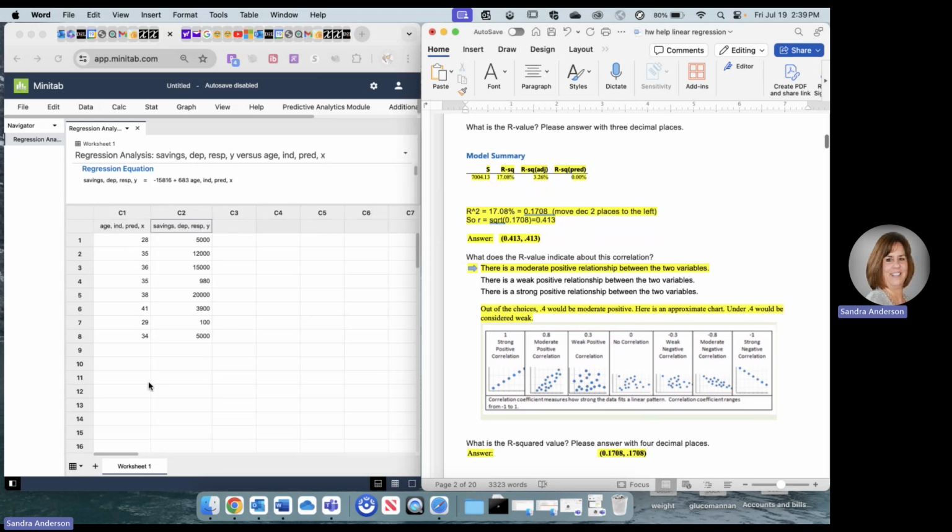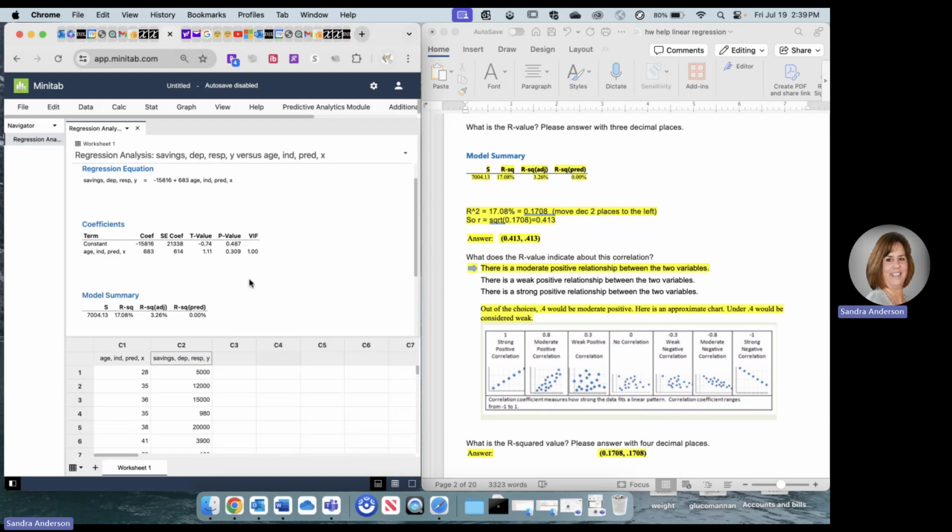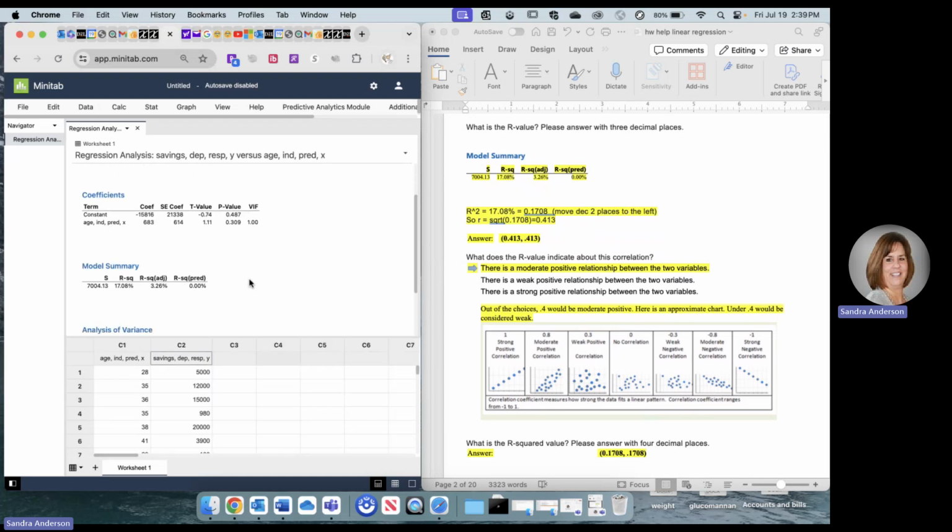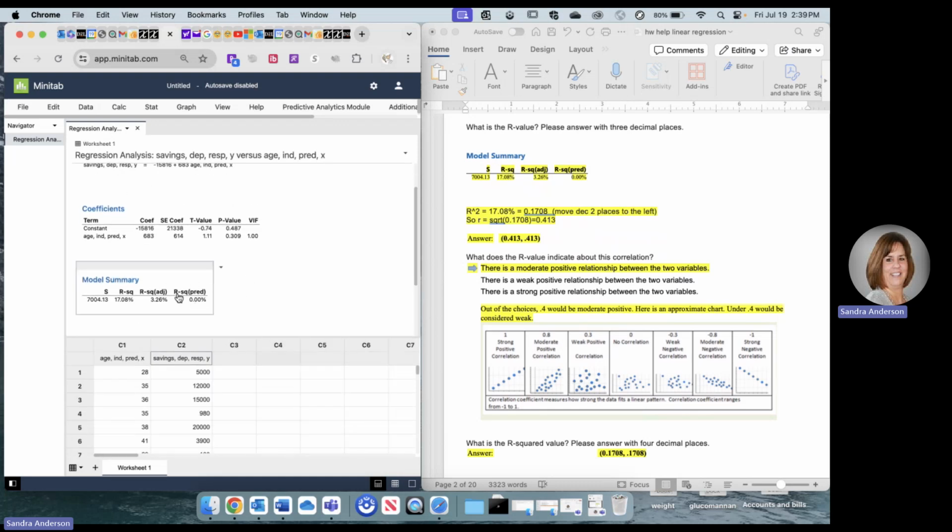The next thing we're asked is what is our R variable? So I'm going to pull this down. All you have to do is grab it and pull it down. Our model summary gives us R squared, but it doesn't give us R. So what you have to do is take R squared. It's given as a percentage, and you have to change it to a decimal. So you move the decimal 2 places to the left to change from a percent to a decimal.